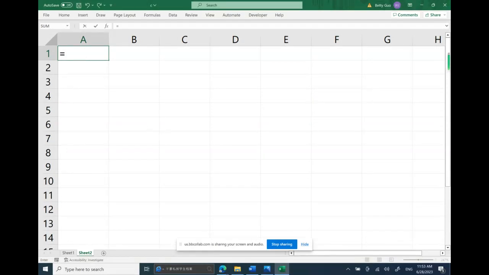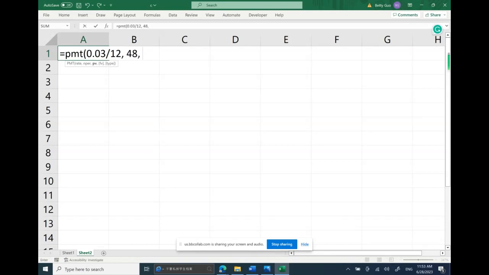So equal sign, always start a function in Excel. PMT, left parenthesis. Rate, annual interest rate 3%, 0.03. But we consider monthly interest rate, so 0.03 divided by 12. Comma, NPER 48.